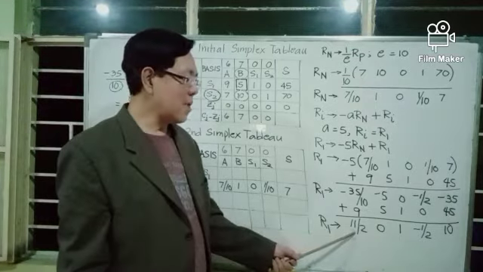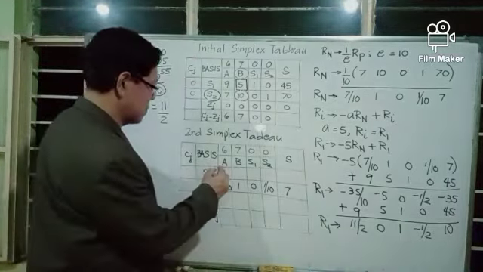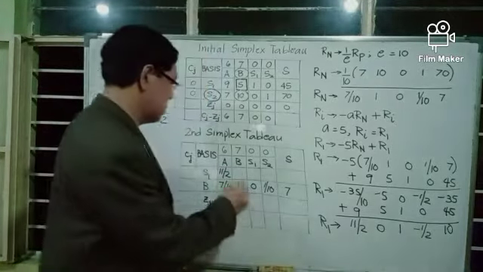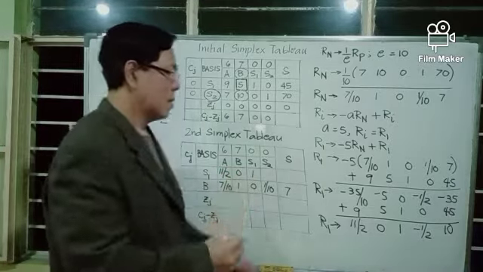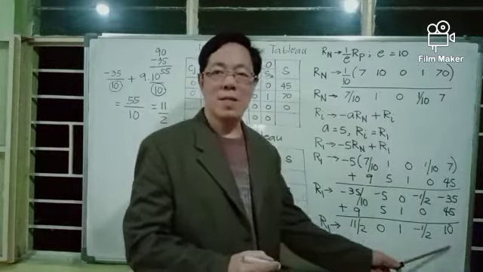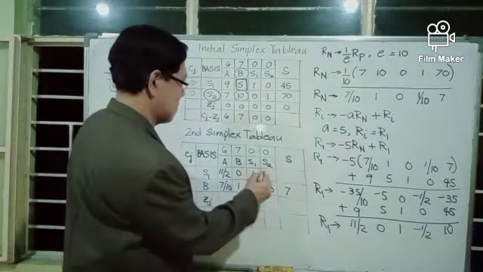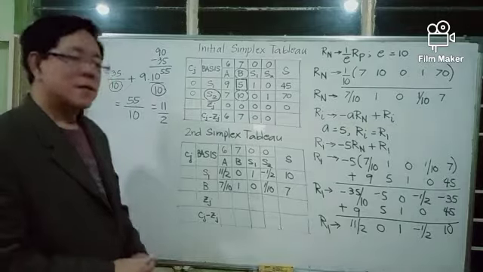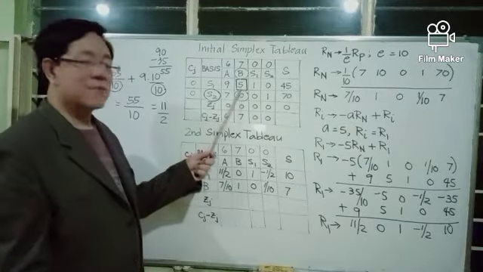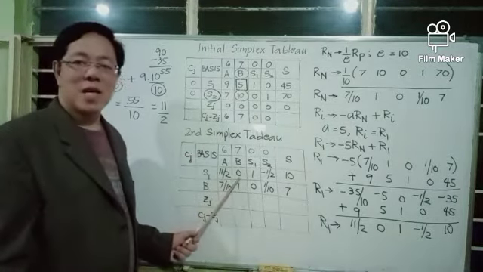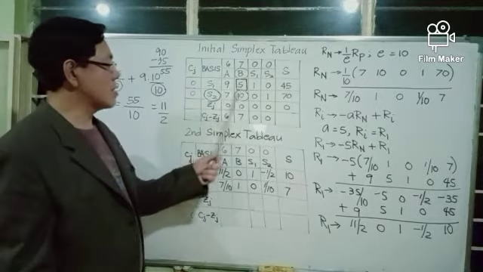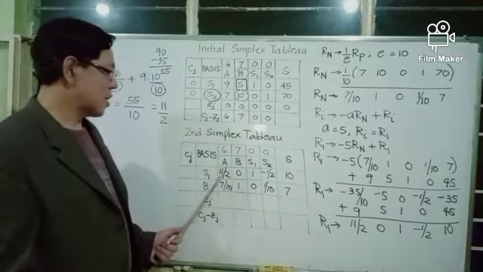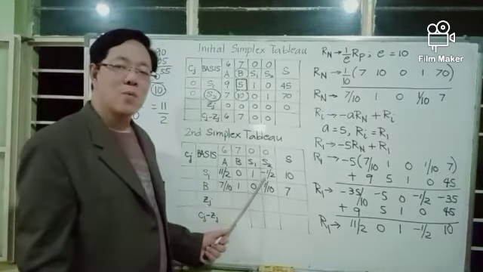We write them: 11 over 2, 0, 1, negative 1 half, and 10. You can see that this 5 has been changed to 0, and all the entries in the row containing the number 5 have been changed to 11 over 2, 1, negative 1 half, and 10.